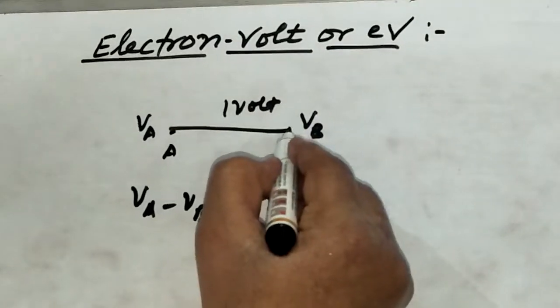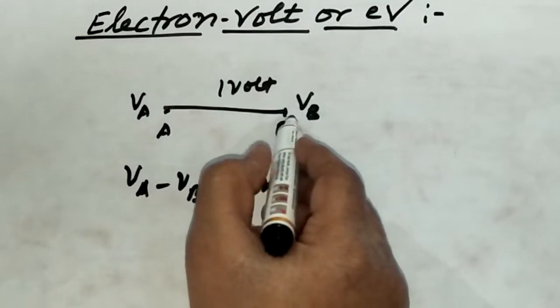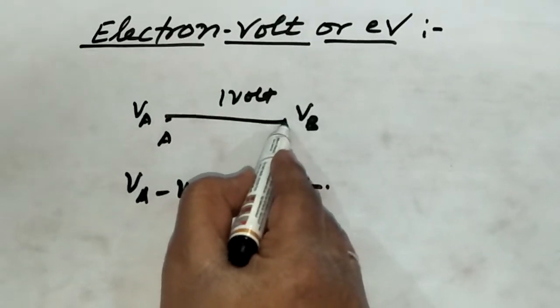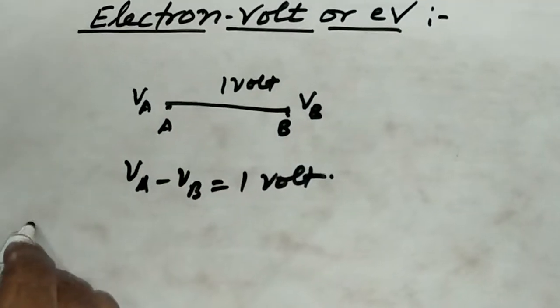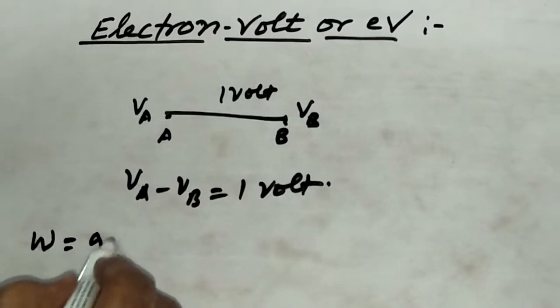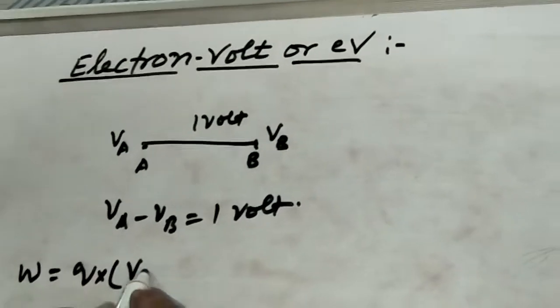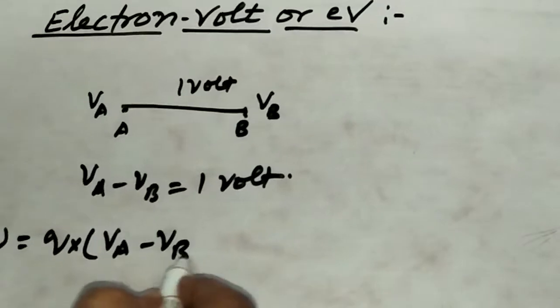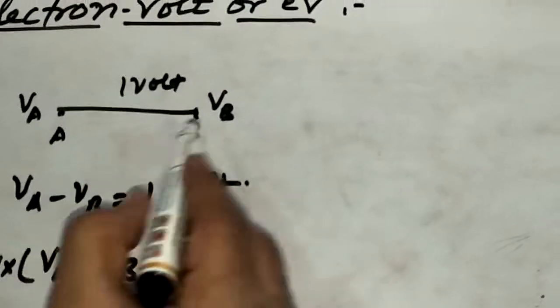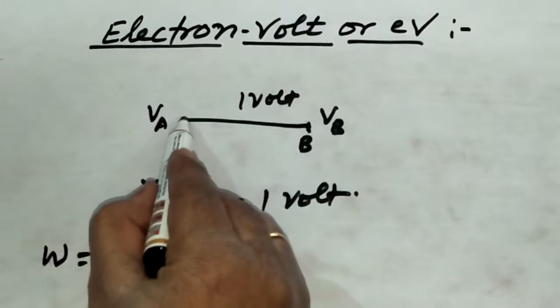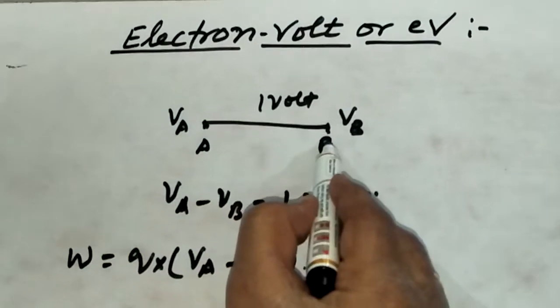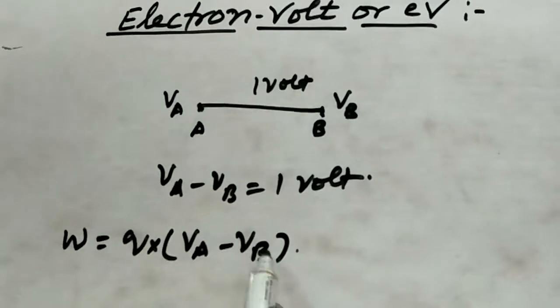Then how much work is done in taking an electron from position B to A? By this formula, W is equal to Q into (VA minus VB), where VA is the potential in the final state and VB is the potential in the initial state.